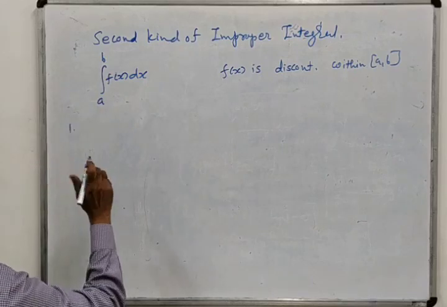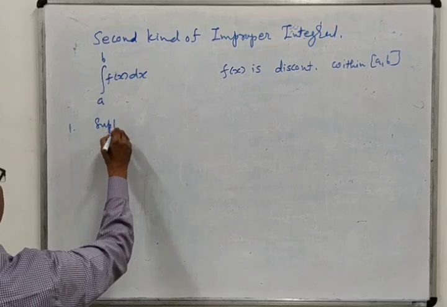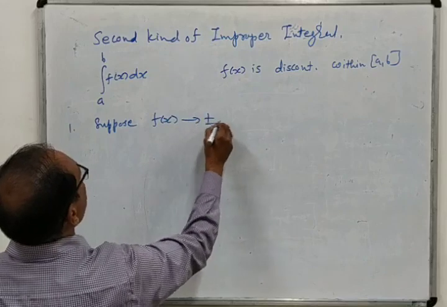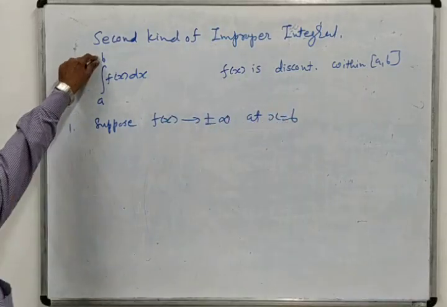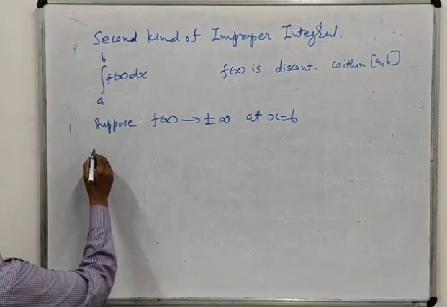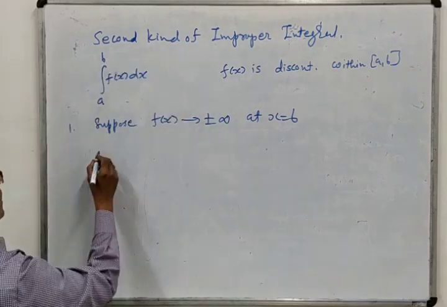First of all, suppose f of x tends to plus or minus infinity at x equal to b, only at that one point. Then we say it is an improper integral of the second kind.